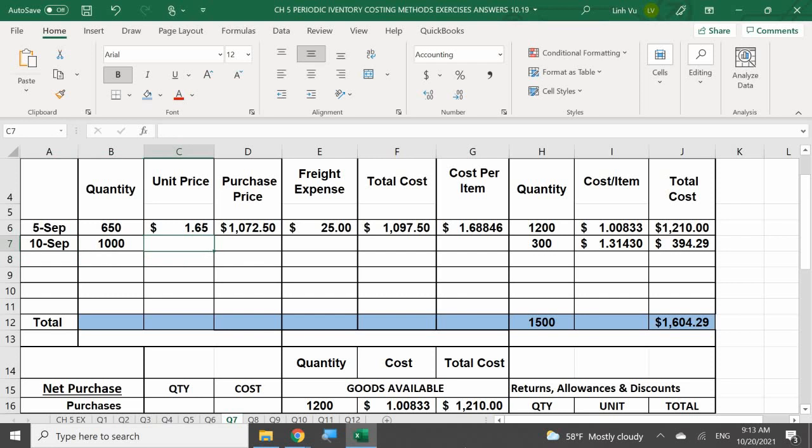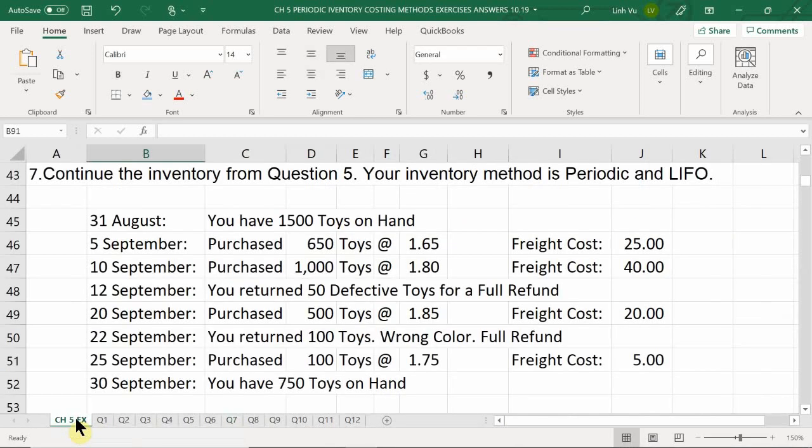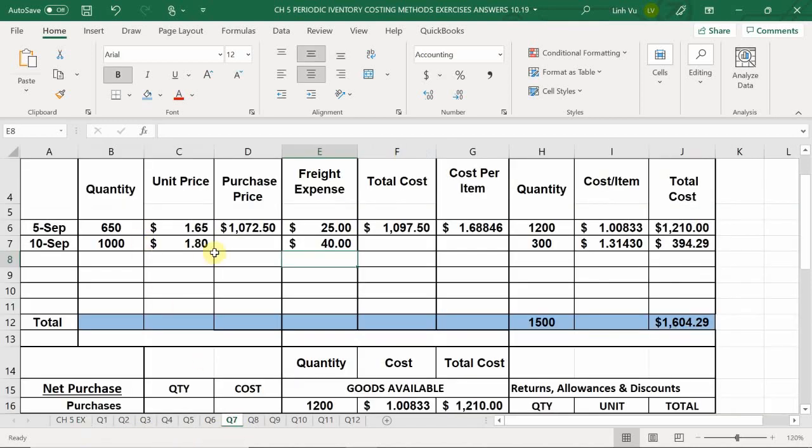But let's go ahead and solve for this first right here. So $1.80 with a freight of 40. In this case, what's my total purchase price here? $1,800.